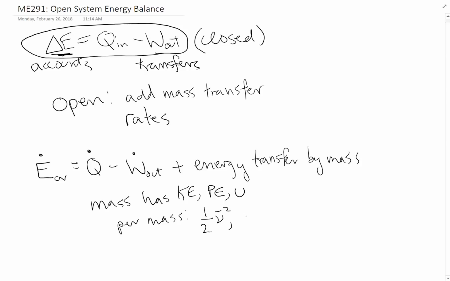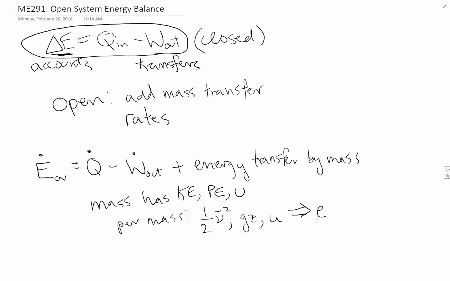Potential energy becomes g z instead of m g z, and internal energy becomes little u instead of big U. We'll call the sum of those three energy accounts just little e for energy, but it's energy per mass. That's why we use lowercase e.